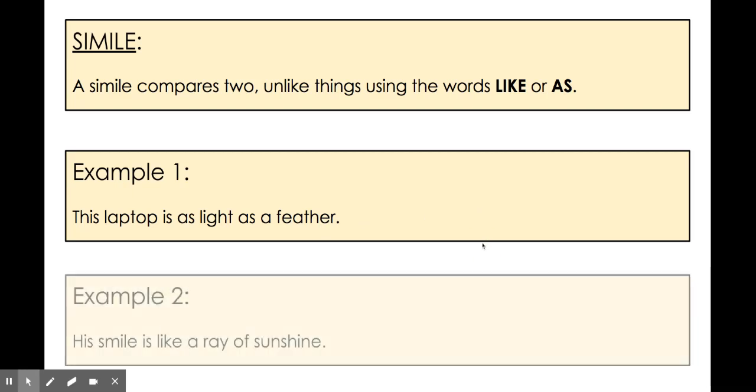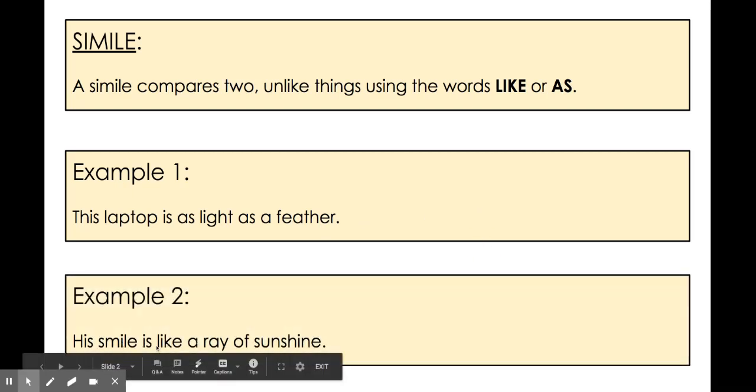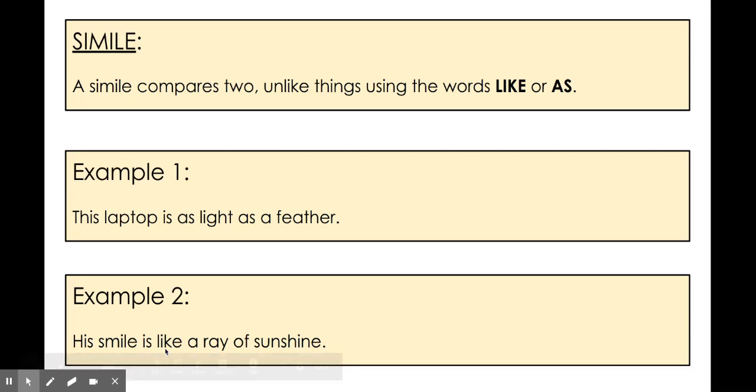Another example, his smile is like a ray of sunshine. We see the word like in here, but just because it says the word like doesn't mean it's a simile. It's important to know that a simile compares two things. So let's see what's being compared in this example.